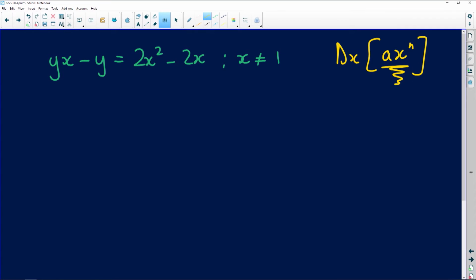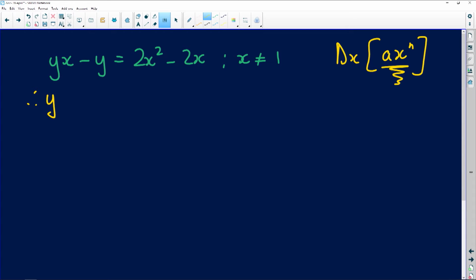Now, folks, if we look at it, we see there's an x on the left, there's an x on the right. There's two y's on the left, and the y is usually represented by an f of x. But in this case it's not. So pay attention to what I'm going to do in the notation I'm going to use. We're going to take the y out here. We do not want it spread all over.